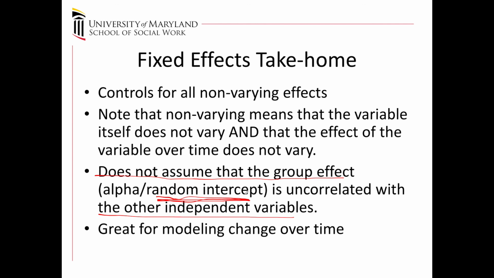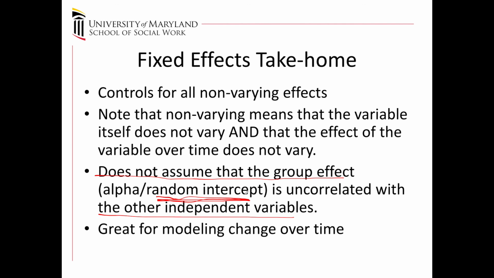Now, the hybrid approach that we're going to end up with is going to allow us to mix these and capture the benefit of each of them. But for now, let's just say that the fixed effects model, while controlling for between level effects, has the benefit of not violating assumptions of independence, because just like all of your other independent variables are allowed to be correlated with each other, your alphas are allowed to be correlated with each other.